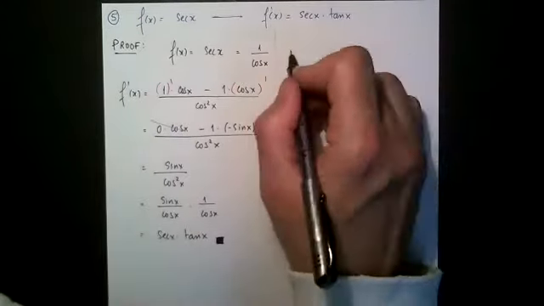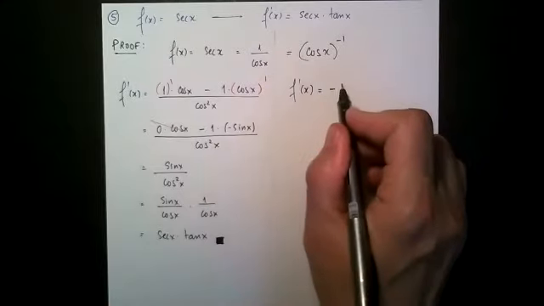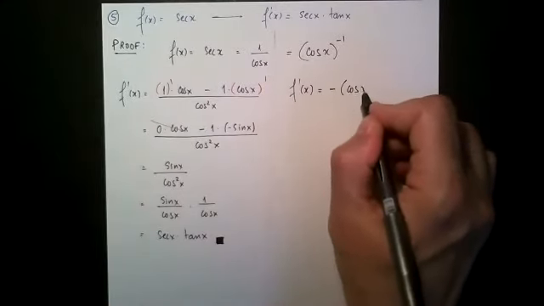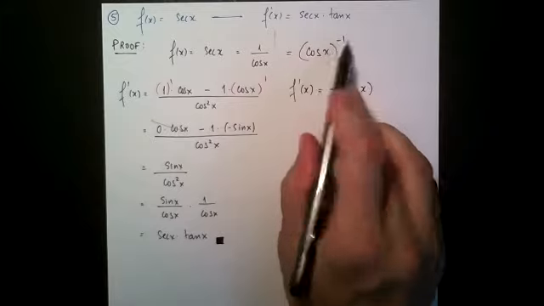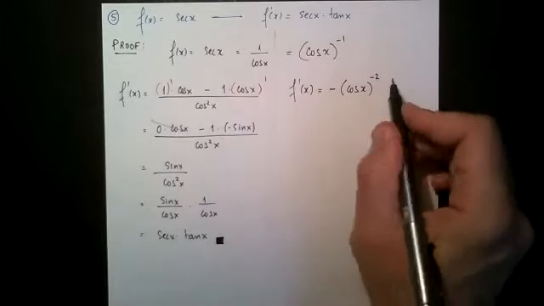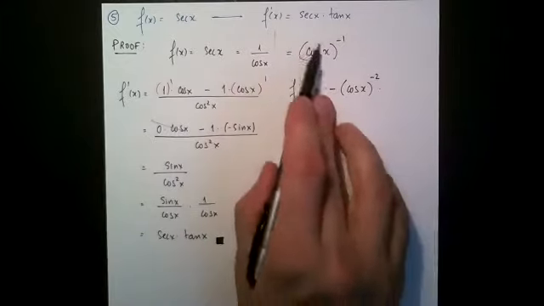That's what 1 over cos x is. So f prime of x, how do we derive this? We've seen the power rule, so you put the minus 1 in front: minus cos x to the minus 2 times the derivative of the inside.